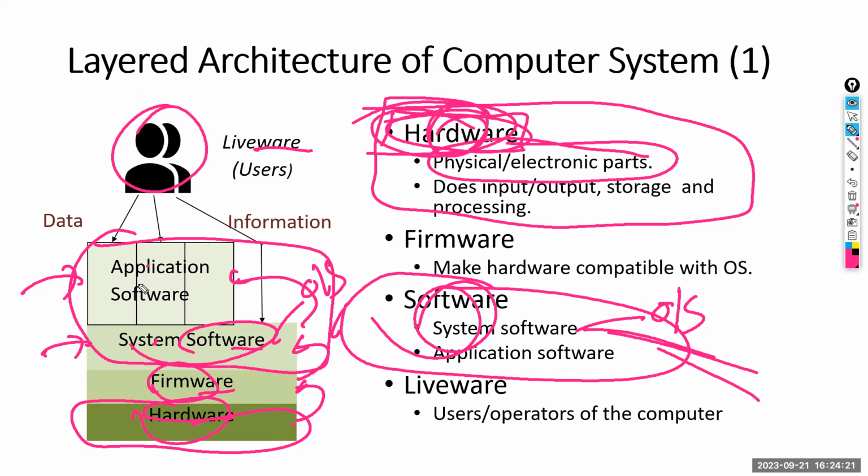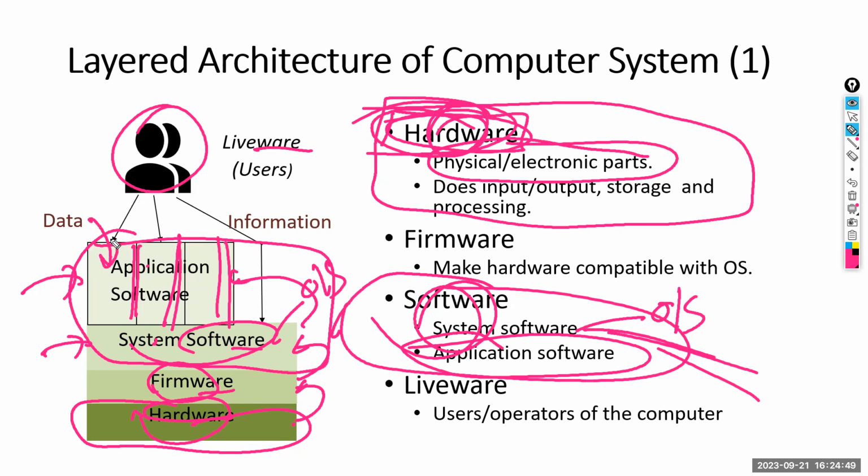And then you have the application software. Why do we buy a computer or any computing device like a smartphone? Because we want to run application software. The operating system and other things, we just need them to survive. But why are we really interested in a computing device? Because we want to use application software.